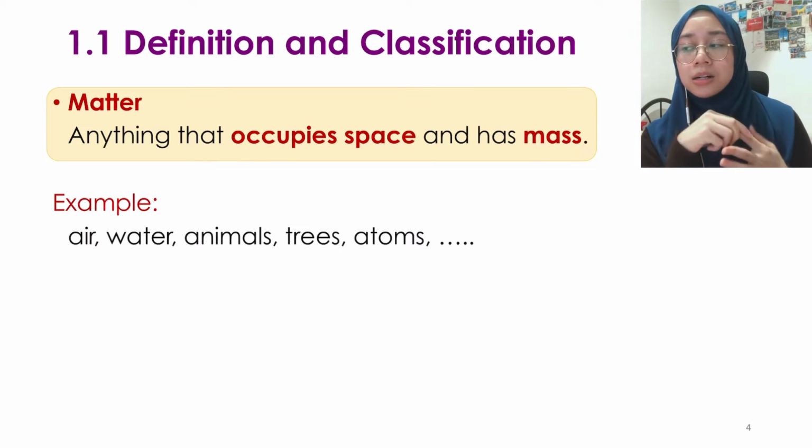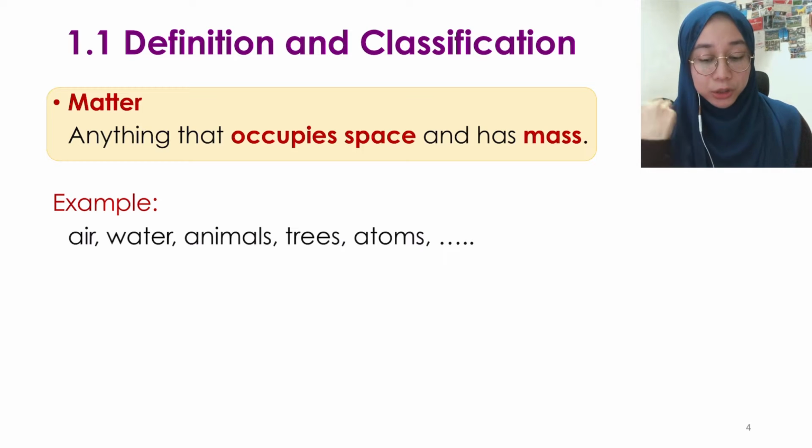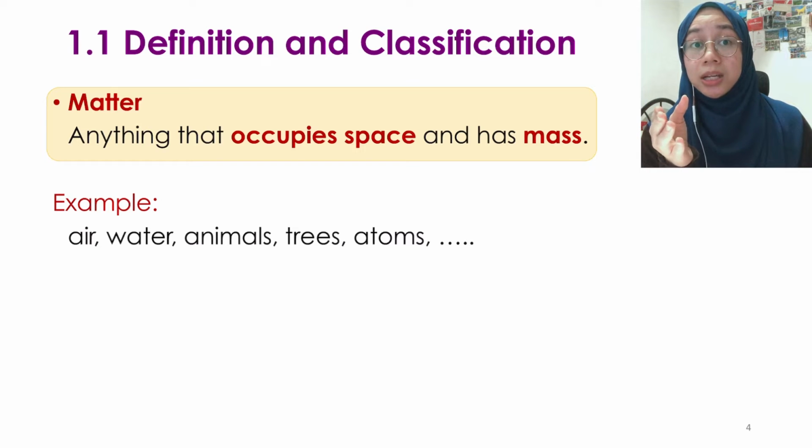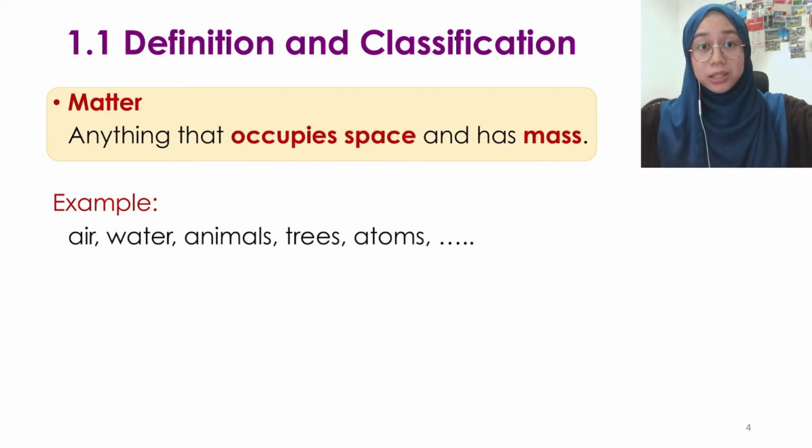For something like water, animals, or even us, or trees, we can say that those are matter. We can see that it occupies space, and we can see that it has mass. But what about air, the air that surrounds us?